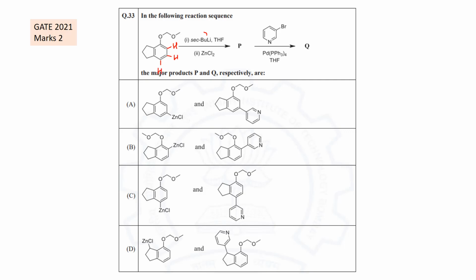In the case of butyl lithium reaction, it will always take a proton which is ortho with respect to this carbon-oxygen bond. Because of the high electron withdrawing power, this hydrogen becomes acidic.